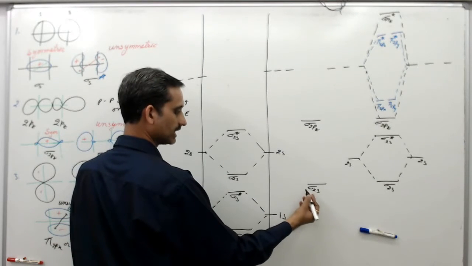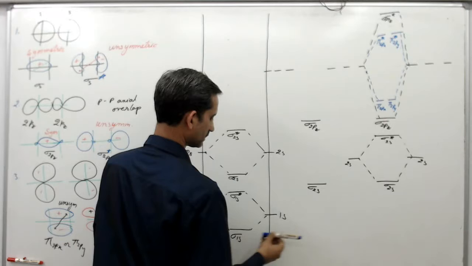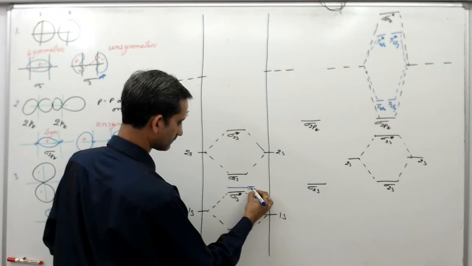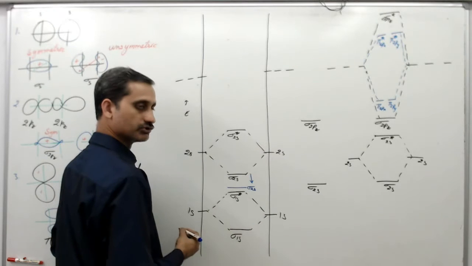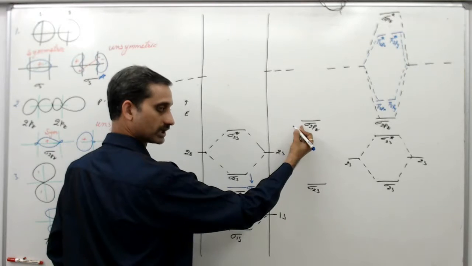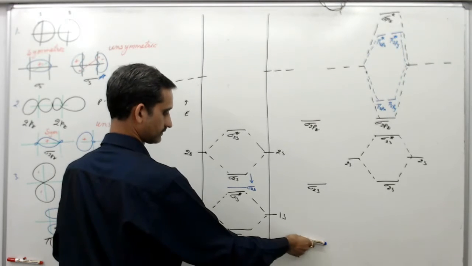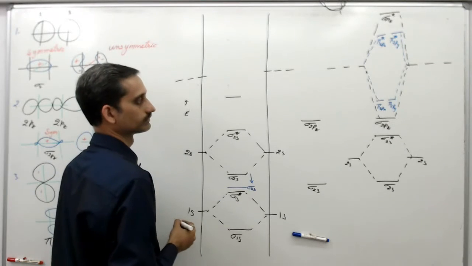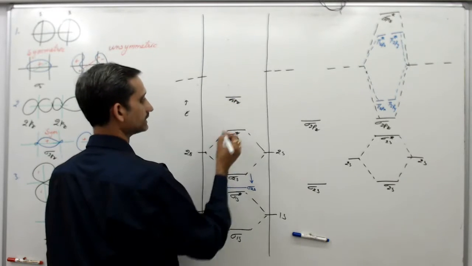What happens is this sigma 2s is going to actually go lower in energy. Somehow it's going to come here. And the sigma 2pz, which should be a lower energy orbital, actually rises in energy and maybe goes to this position. So this becomes sigma 2pz.